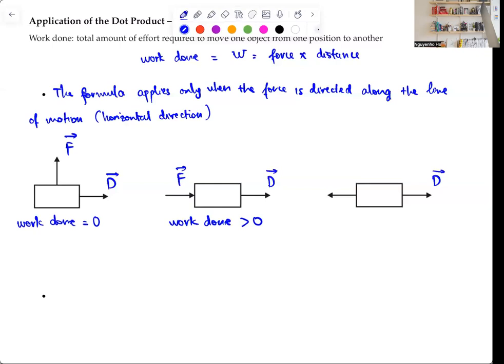Again, I want to move this table from this position to my right. Okay? But look at the example, I'm actually pulling to the left. Therefore, the work done now is negative.